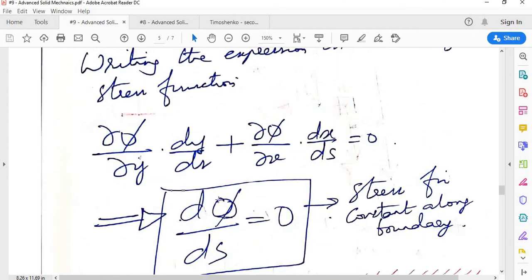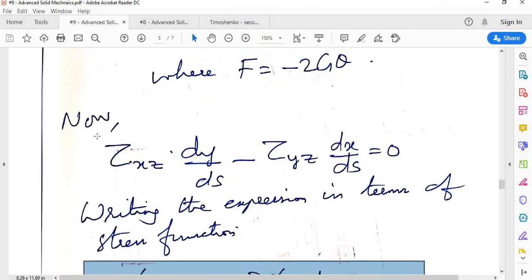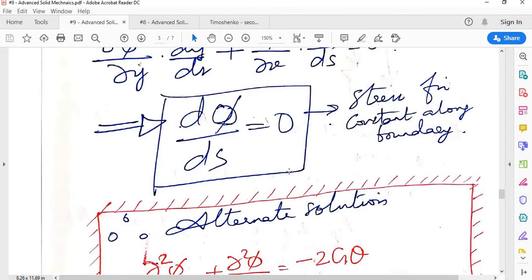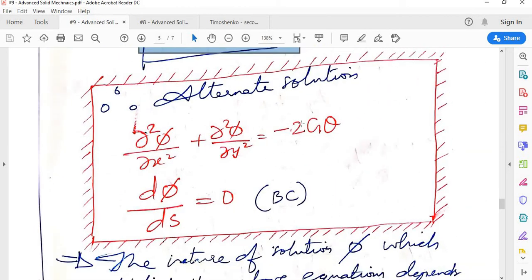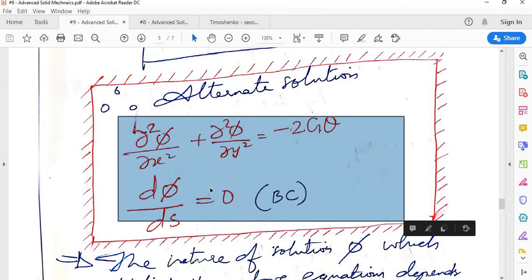Again, since it is derived from this, which is the boundary condition, remember we stated that this is the boundary condition, this expression also you can say is like the boundary condition. So these two expressions that we just derived form the solution of the torsion problem in terms of stress function.